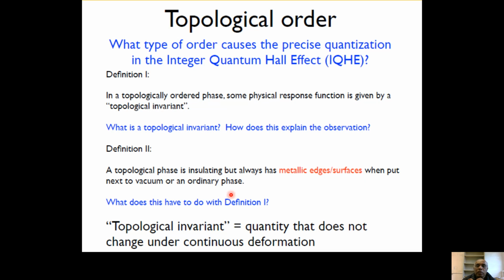Topological invariant means that if you deform the system, it will be invariant under that deformation. It's more like, we'll talk about that, the coffee mug can be topologically transformed into a donut by introducing continuous deformation.